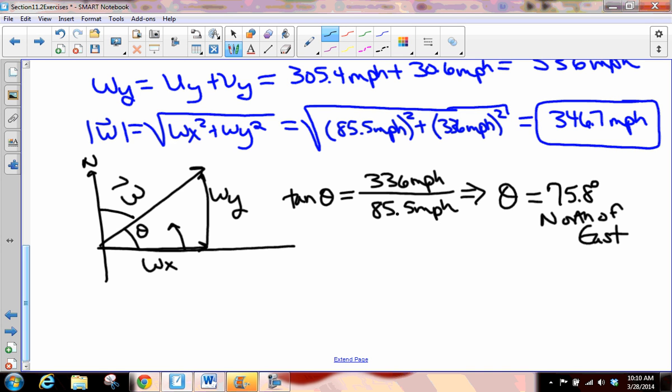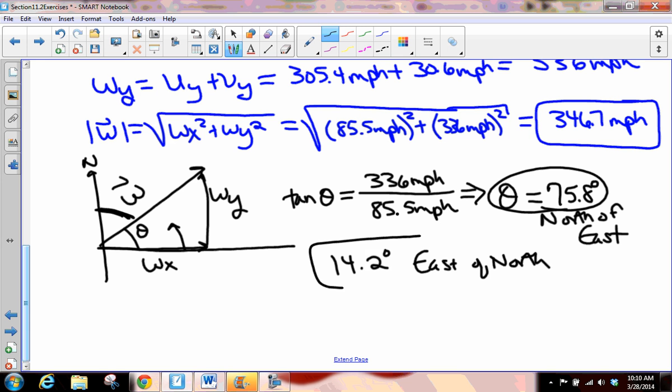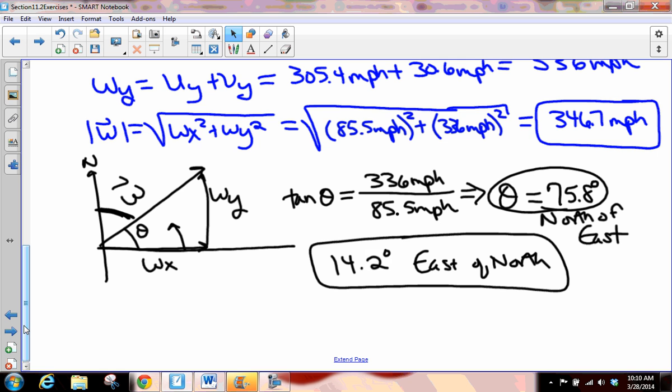And that means that we're going to want this angle here. So if I take 90 minus my theta, I'm going to get 14.2 for this angle here. So it would be 14.2 degrees east of north. Either angle is acceptable, especially if you draw and label a picture.